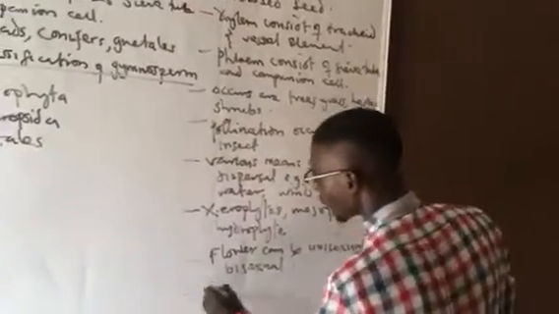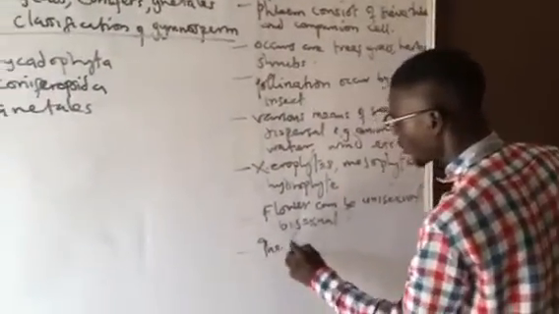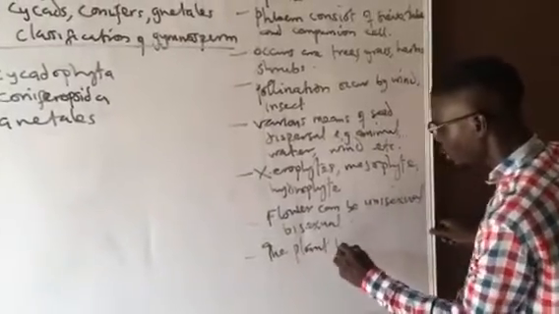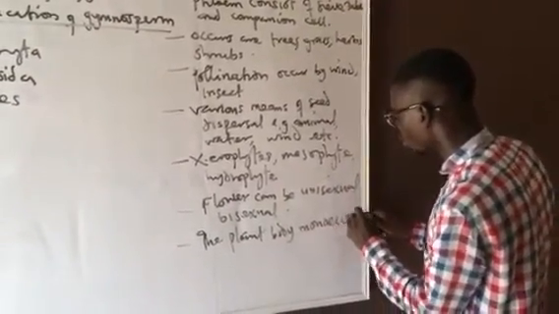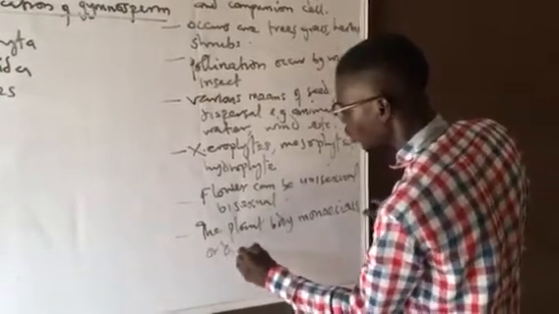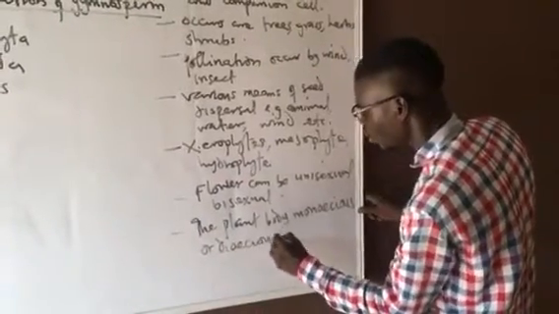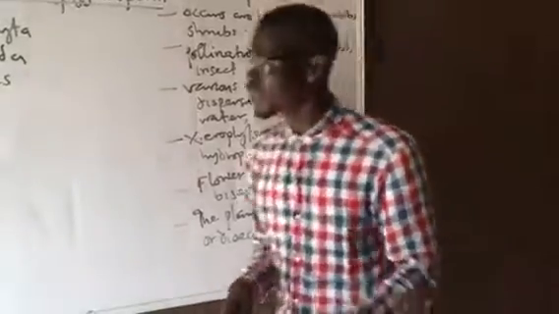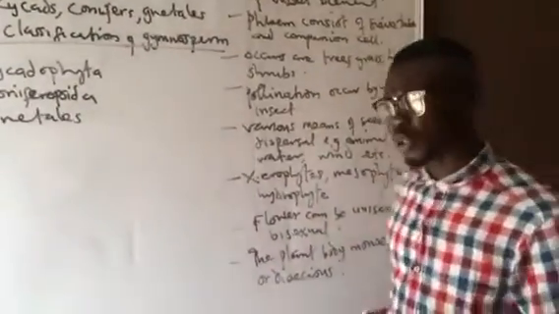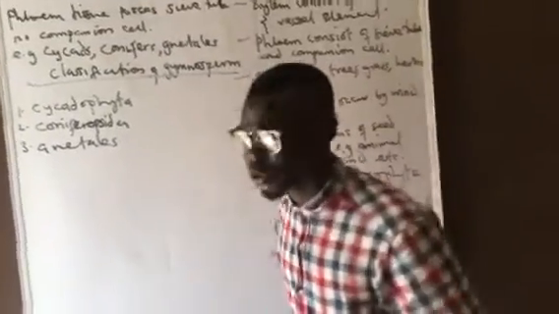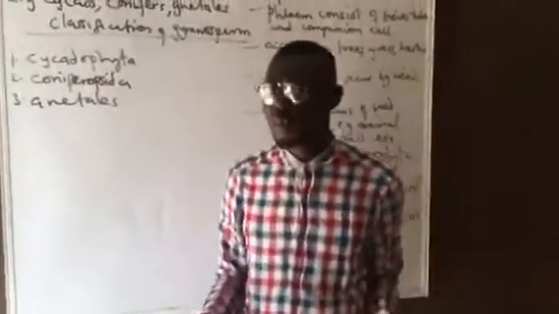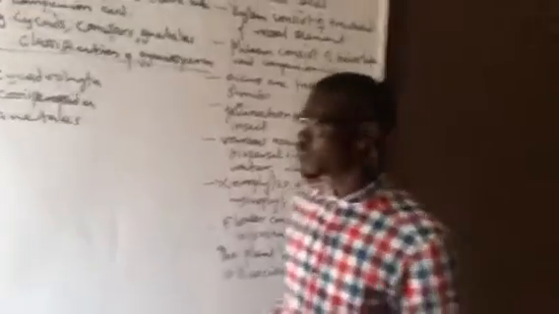The plant body can be monoecious or dioecious. When it is monoecious, a single plant produces the male and the female parts. But when it is dioecious, different plants produce different parts. So those are the characteristics of angiosperm.